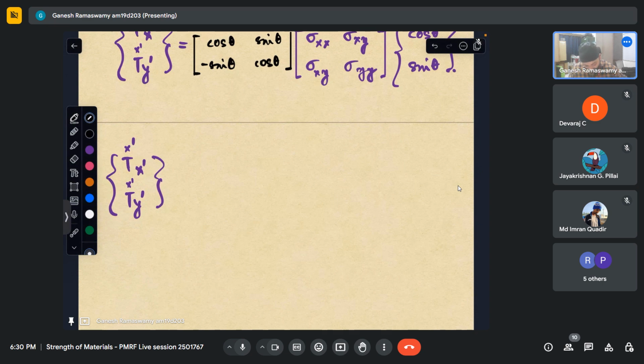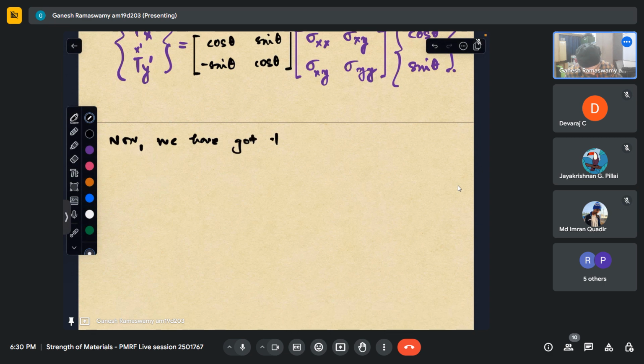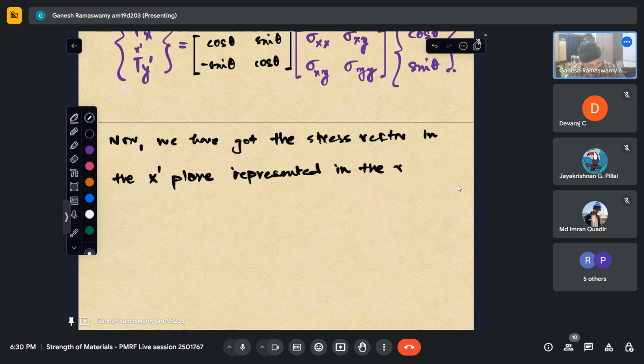Similarly, what have we got now? We have got the stress vector on the x prime plane represented in the x prime y prime coordinate system.